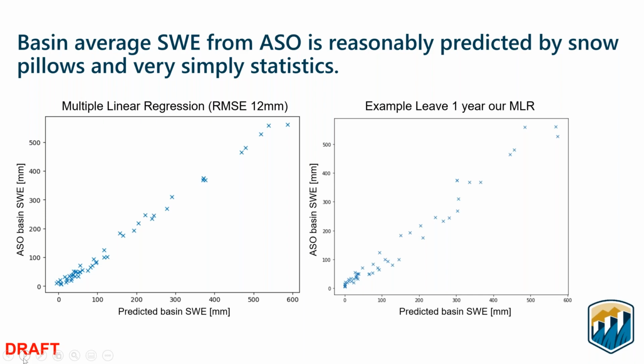So a slightly more robust approach here. And now we're looking at root mean square errors on the order of 27 millimeters. So while the variability is obviously still explained, 27 millimeters is substantial over a basin, and something to think about from a forecasting perspective. Next slide.